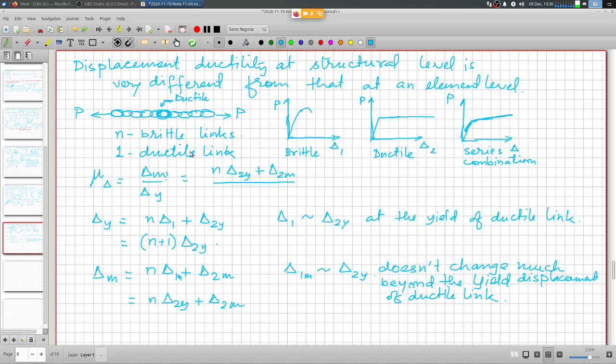That's the maximum displacement in the ductile link, and then divided by n plus 1 times delta 2y. So this gives you n plus mu divided by n plus 1.